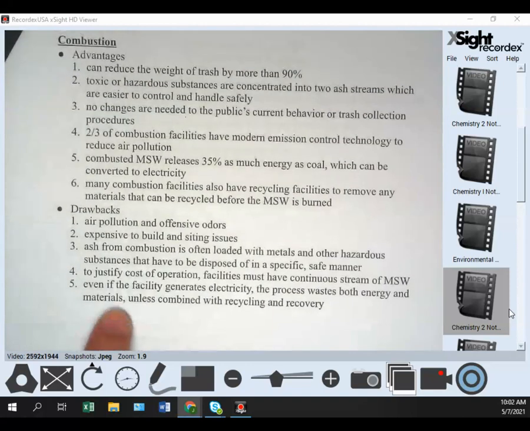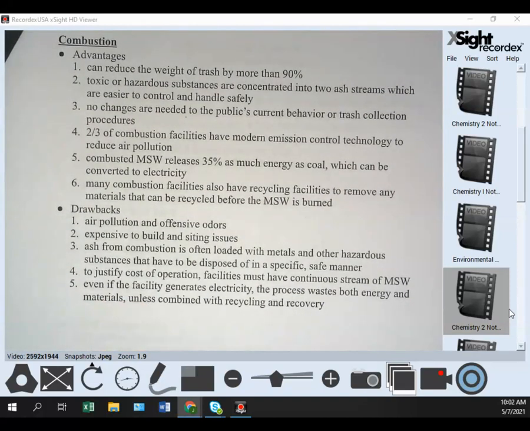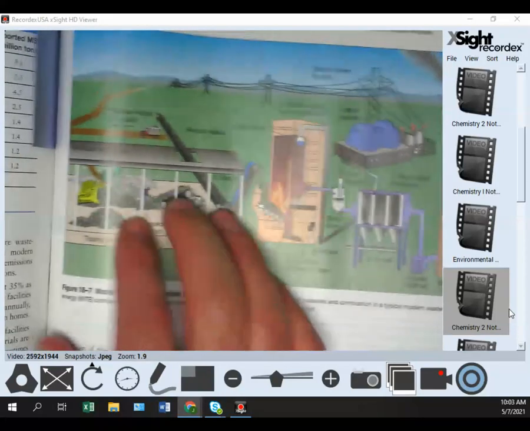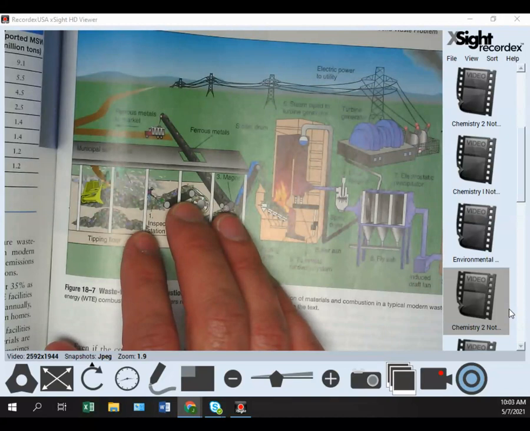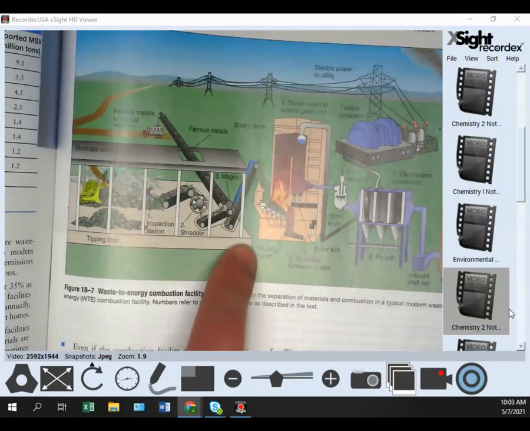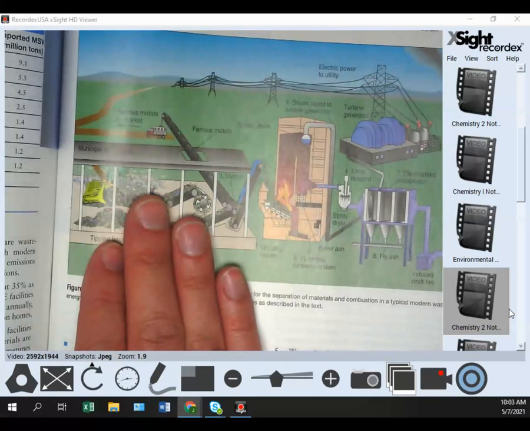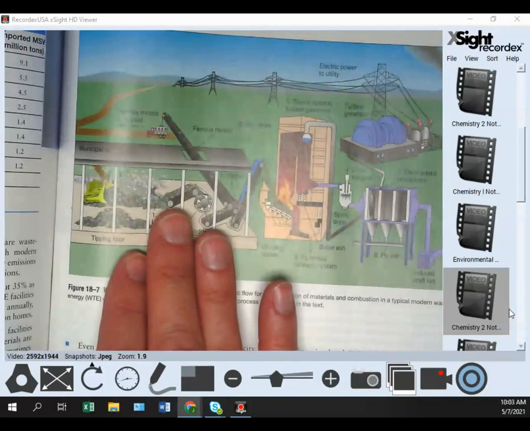Even if the facility generates electricity, the process wastes both energy and materials unless it's combined with recycling and recovery. So this is kind of what I was talking about before. In order to make this energy neutral or better, you have to have recycling and recovery as part of it.